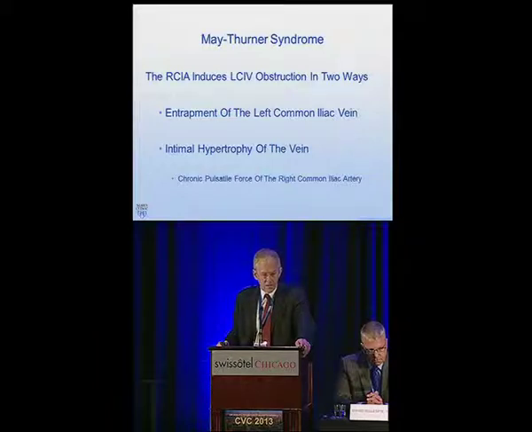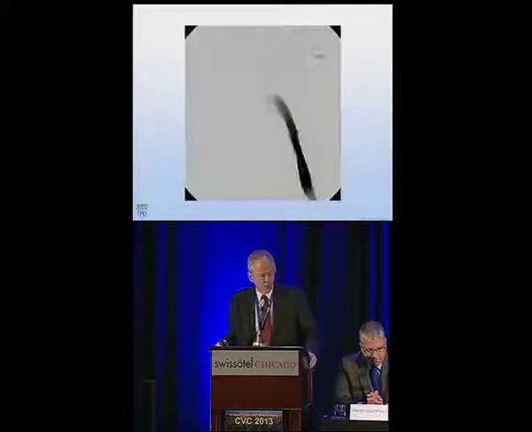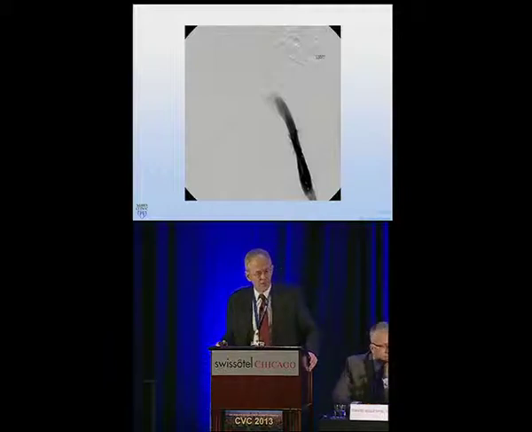Now this is what we traditionally think is going on. It is entrapment of the common iliac vein and subsequent intimal hyperplasia, scar tissue, and the vessel walls actually become adherent to each other in areas, causing these synechiae that we so fondly talk about. This would be a very typical example of that.